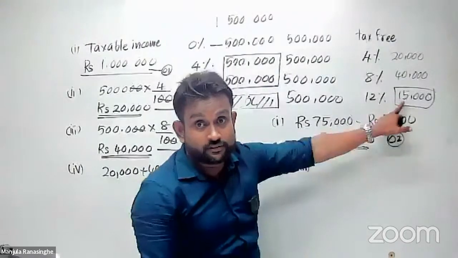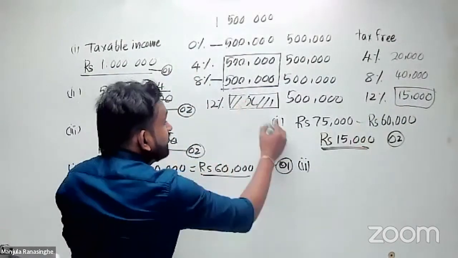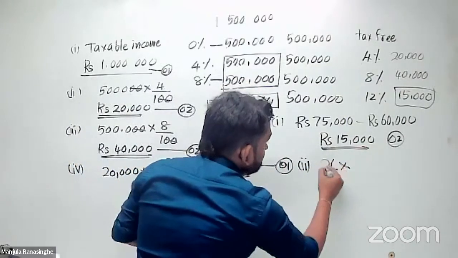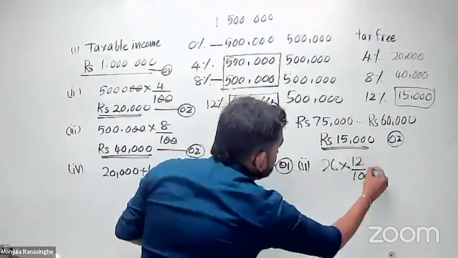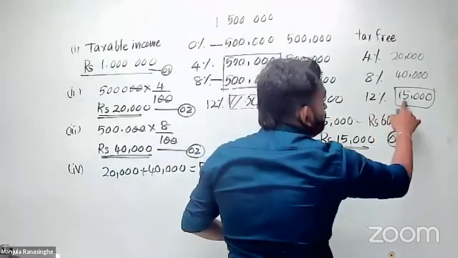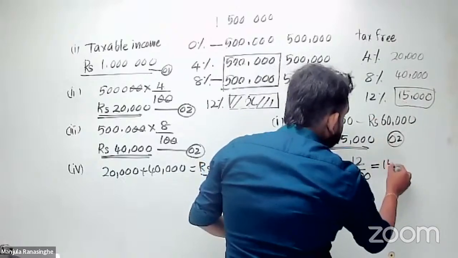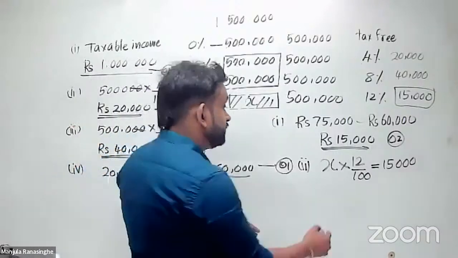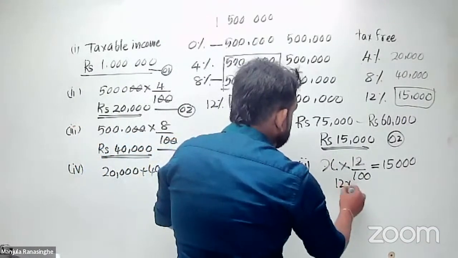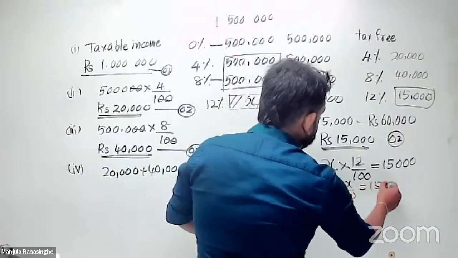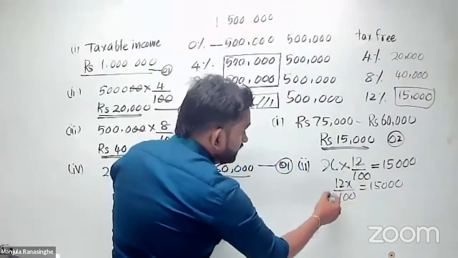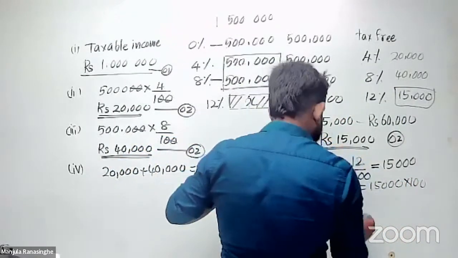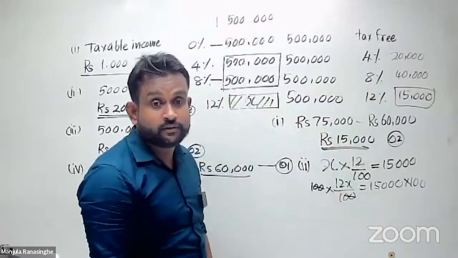Understand this one? This is clearly right. So we take X as the taxable income that comes under this region. 12% of X, that is 12 upon 100 times X, equals the additional tax paid, 15,000. Now you need to find X. So 12X upon 100 equals 15,000. To eliminate 100, I multiply by 100 on both sides. The two zeros cancel.